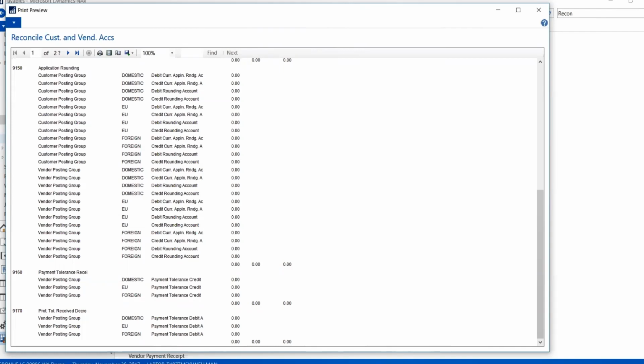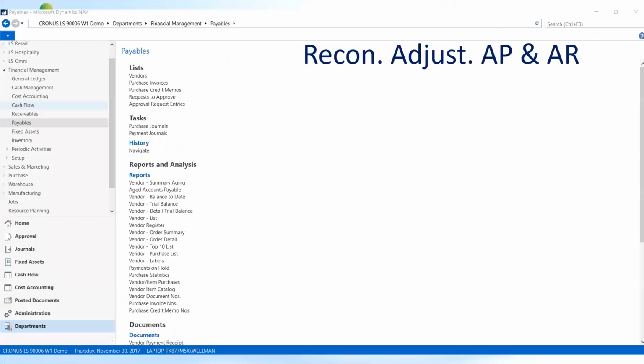And in order to close, at least to have control on the actual values for the different domestic or foreign vendors or customers, I strongly recommend to reconcile, because last but not least, this is going to impact your actual chart of accounts in the near future. Run the report. This is the second report you need to run. At least this can help you realize which adjustments you would like to perform.